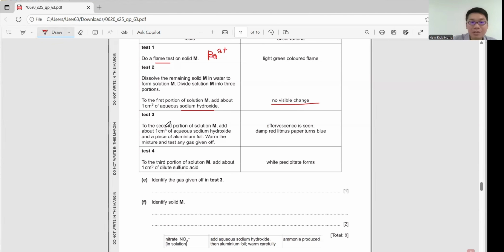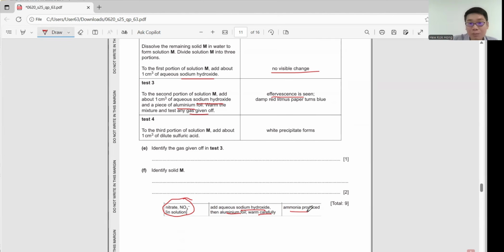Then test 3: the second portion adds NaOH and aluminum foil, warm the mixture and test the gas given off. Effervescence is seen and then damp red litmus paper turns blue. So we can confirm this is a nitrate, because when we add this and this and warm, ammonia is produced. So we can confirm nitrate is here.